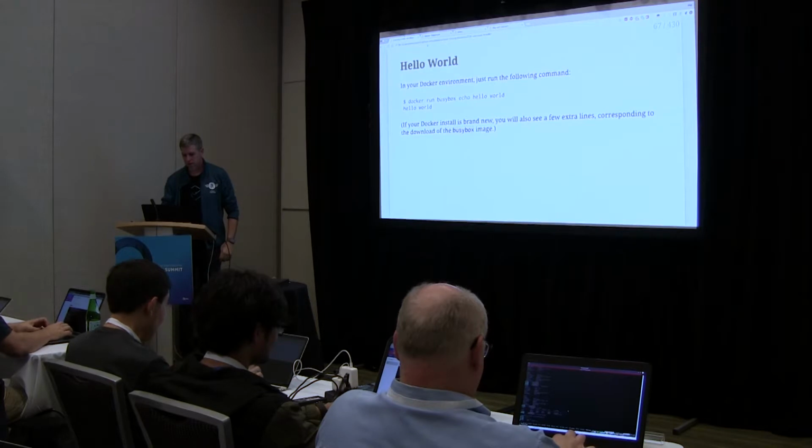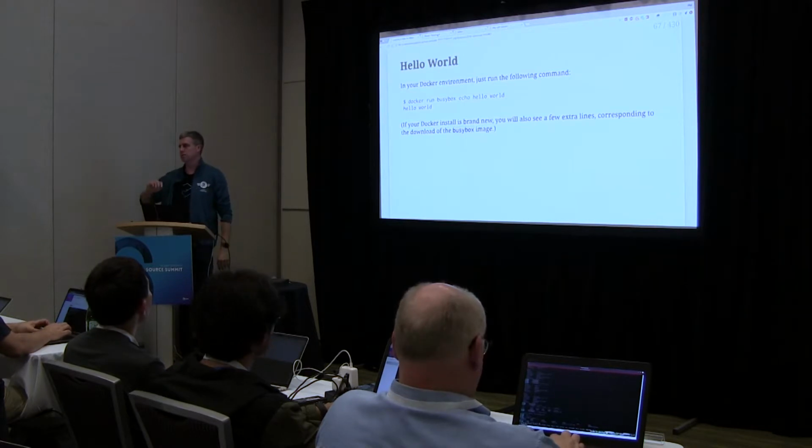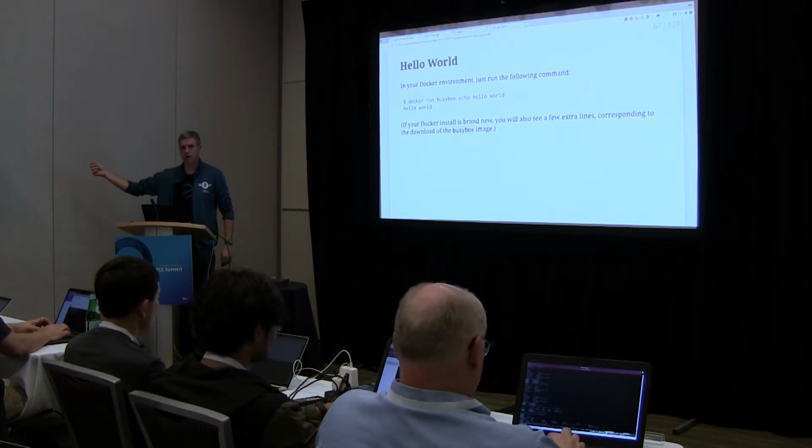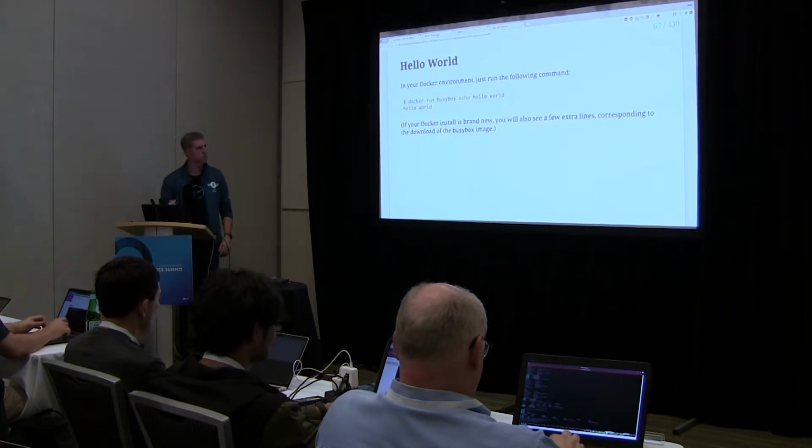You should see hello world come out, but if this is the first time you run it, Docker is going to talk to a container registry called DockerHub and pull the image named busybox to this VM where you're running the command.